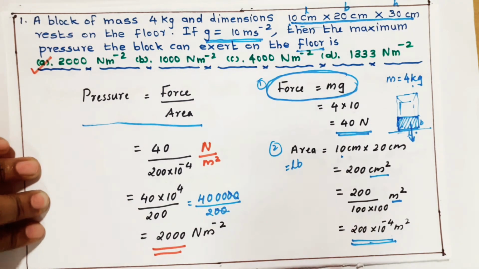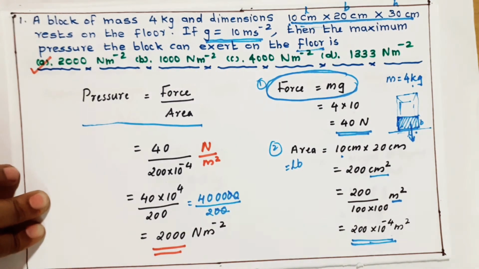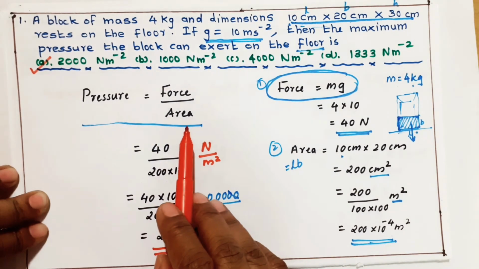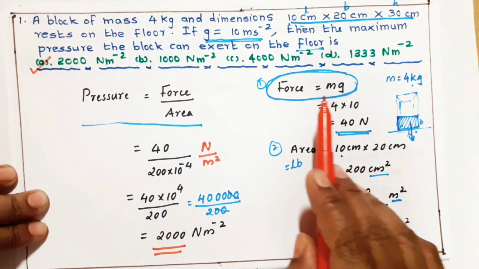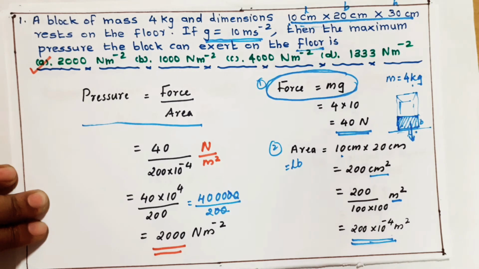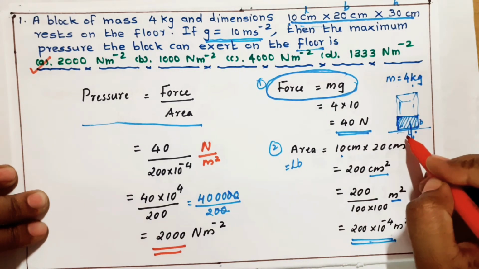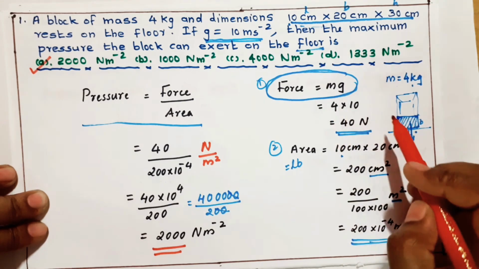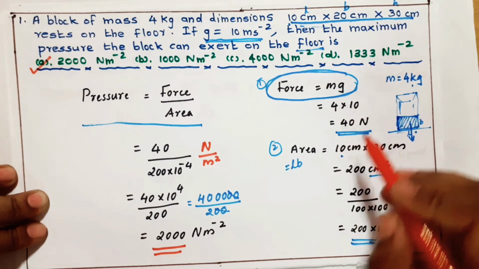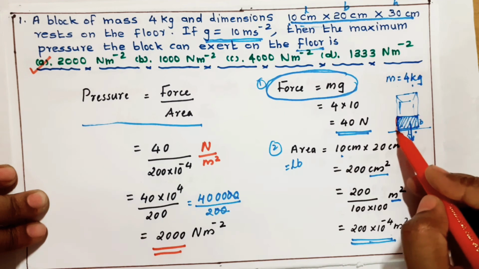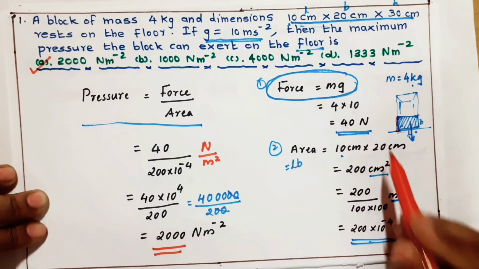So I'll repeat. They are asking in this question pressure. Pressure is force by area. Force, I told you, is the weight. Weight is nothing but mg. What is the weight of this block on the ground? So mg, M into g I did. Next is area, area of this portion. So area is length into breadth.